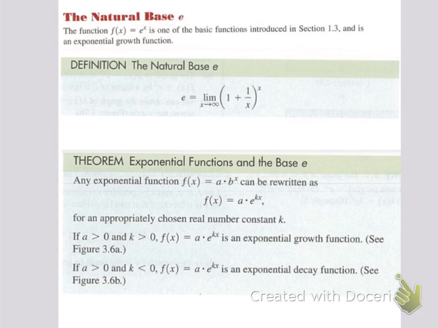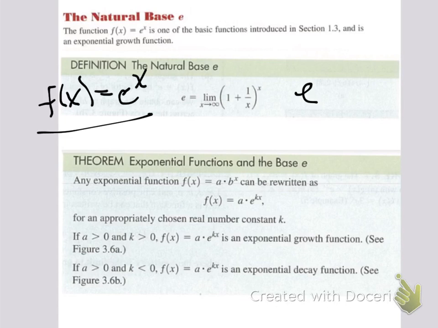Okay, so now we're going to start talking about the number e. I'm sure many of you have seen this. This is what we call the natural base e, and f of x equaling e to the x is one of the basic functions that we went over in section 1.3, and it's an exponential growth function.